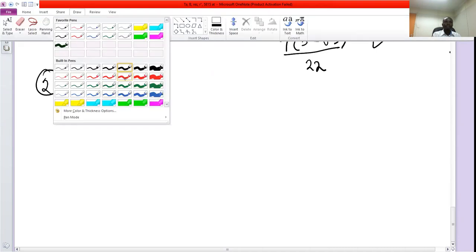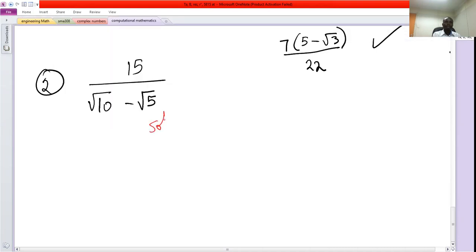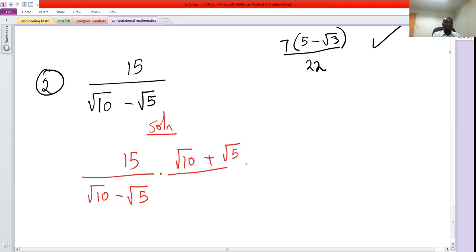So we have 15 over square root of 10 minus square root of 5 times square root of 10 plus square root of 5 divided by square root of 10 plus square root of 5. So the conjugate just simply changes this sign to plus when it was minus.